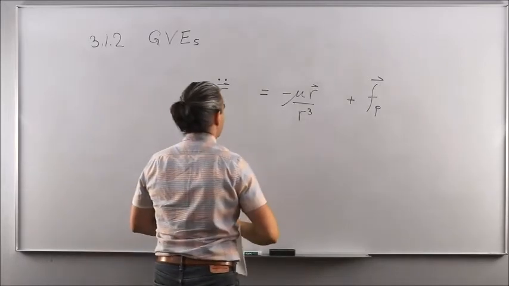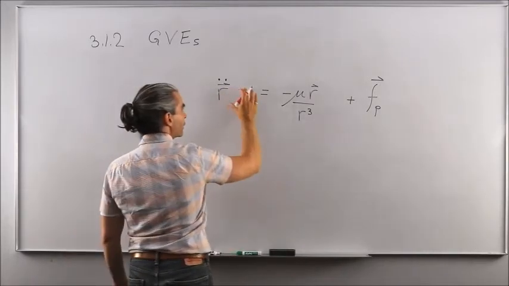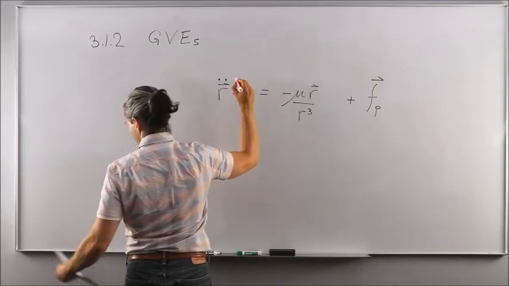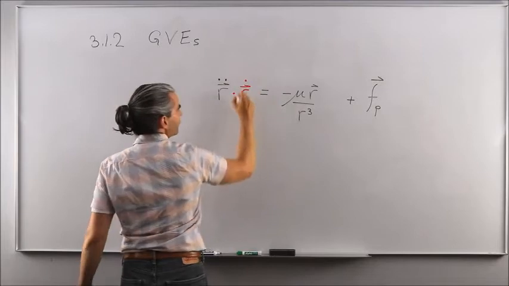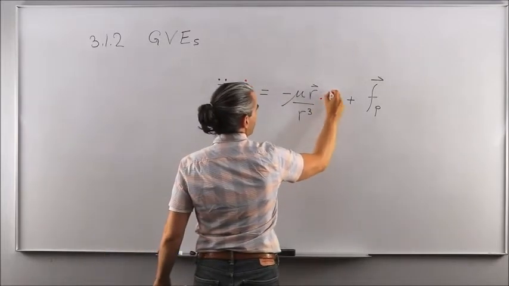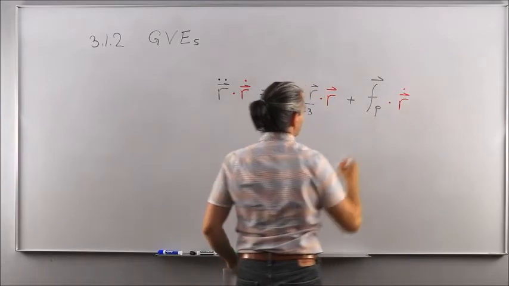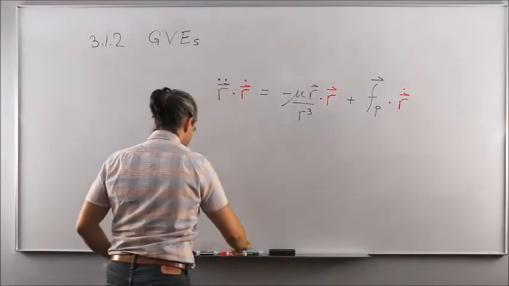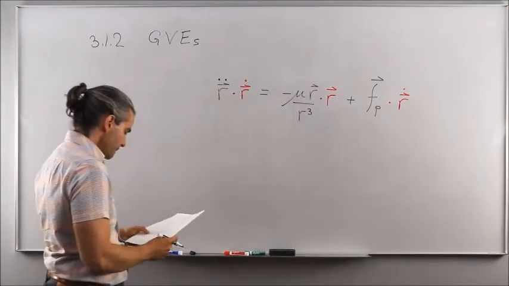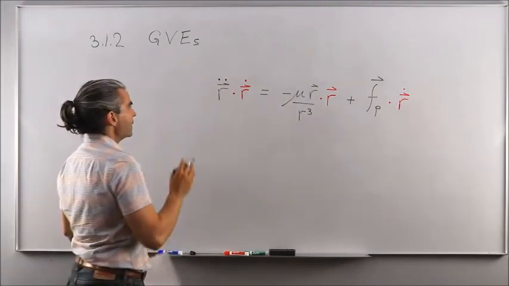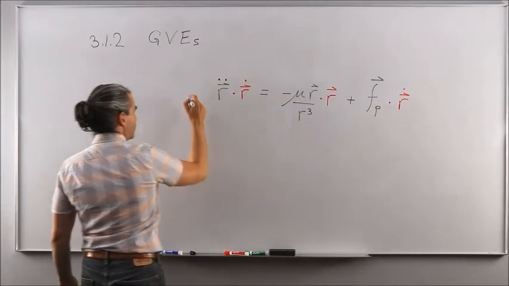As a first step, I'm going to take the dot product of that equation on both sides with r dot. Just like that. That's one thing.